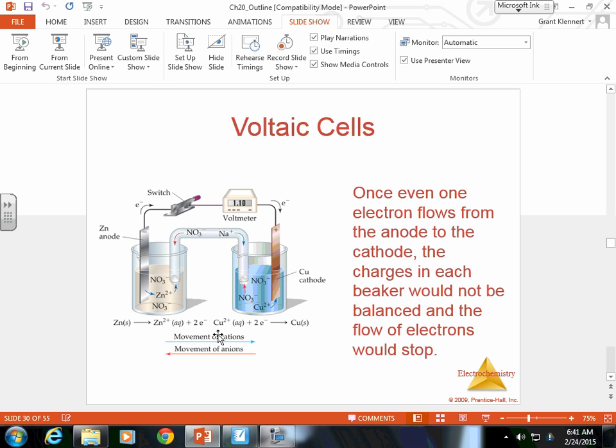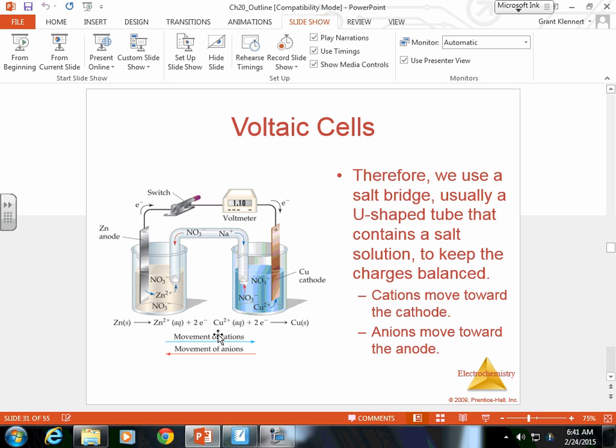What happens is once you get the flow going, it's not going to be balanced, and the flow of electrons is going to stop once your balance of electrons is gone. Therefore, to make sure that we have electrons continually in the solution, we have to use a salt bridge. A salt bridge is a U-shaped tube that contains a salt solution that helps keep the charges in each beaker balanced.